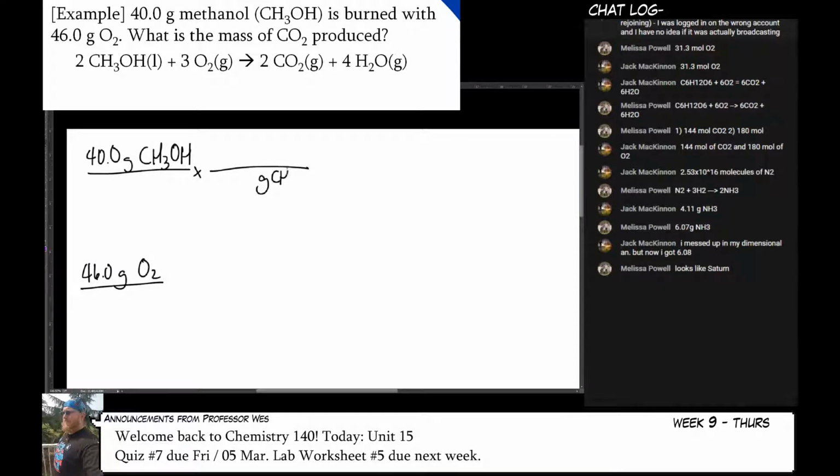So we'll do grams of methanol to moles of methanol, and then moles of methanol to moles of CO2. And then finally, we'll do moles of CO2 to mass of CO2. And all these units cancel out that I forgot to do.